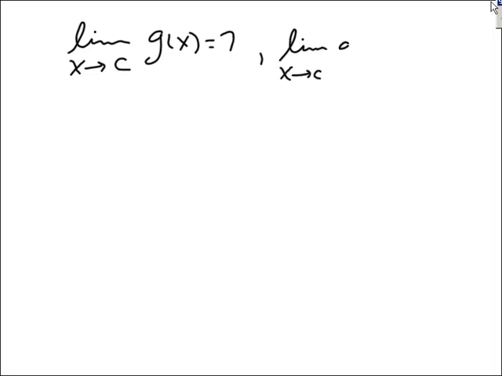I'm telling you, so you can't argue this, the limit as x goes to c of g of x is 7, so that's given, and the limit as x goes to c of f of x is equal to 2. Find the following limits.